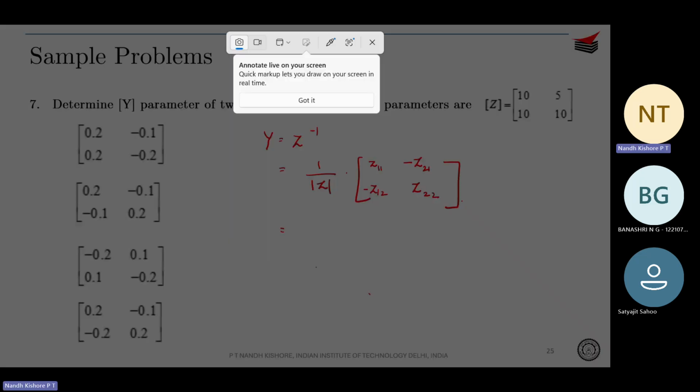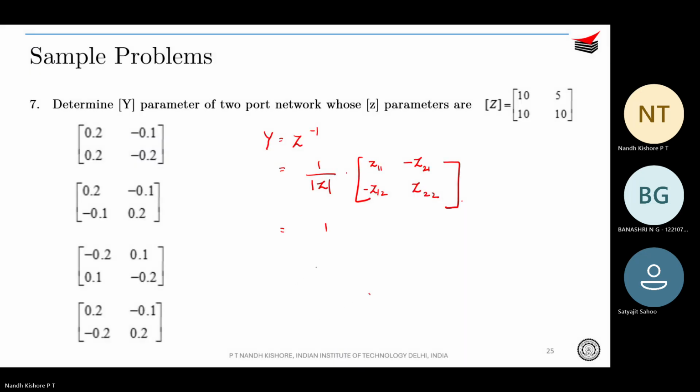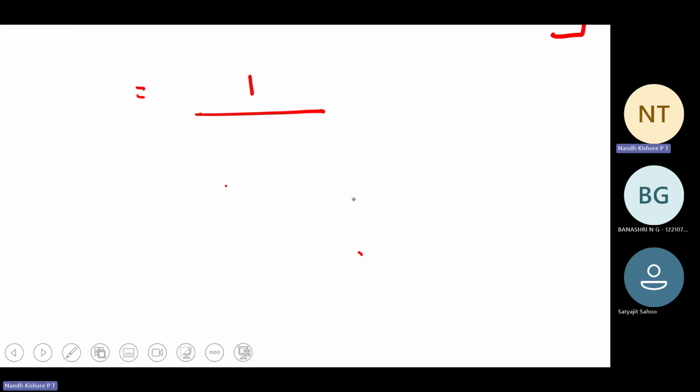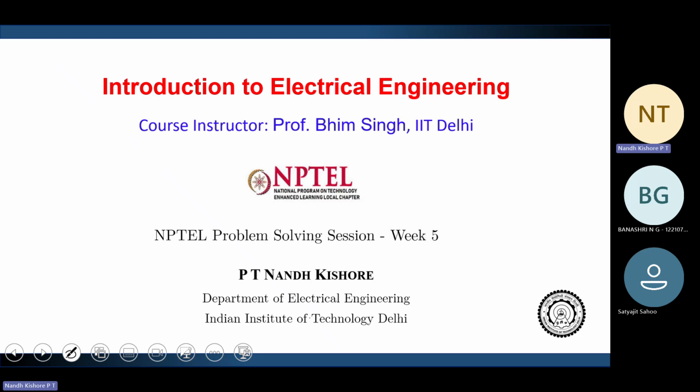So this is basically 1 by determinant of Z, which is 10 into 10 minus 10 into 5.